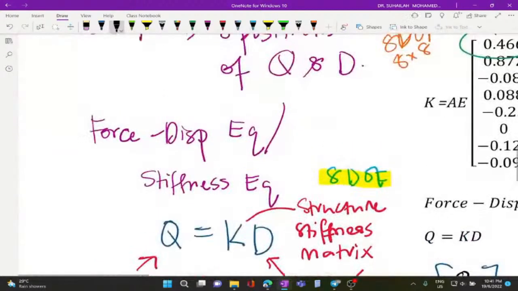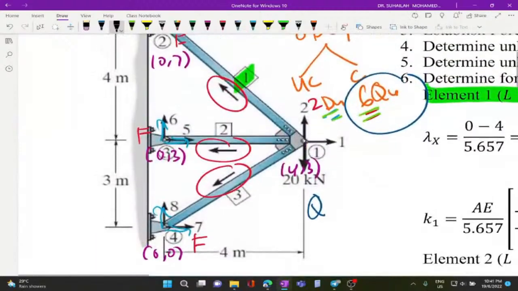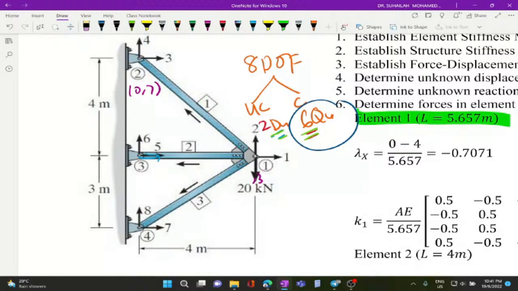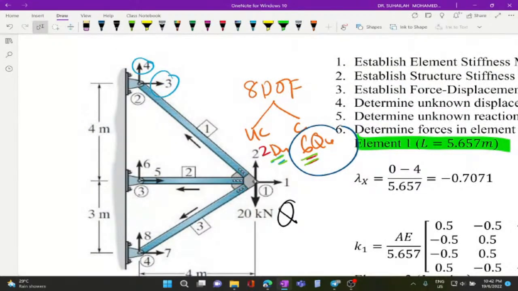If we look at this diagram, there are 8 positions in terms of Q. What does Q3 mean?